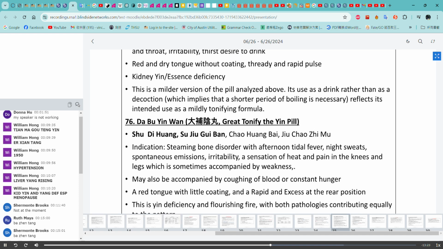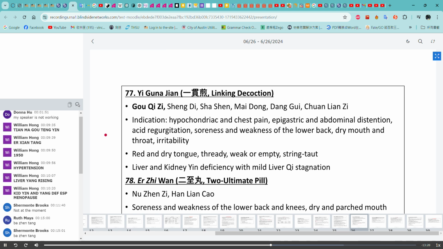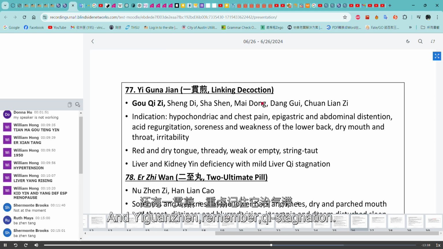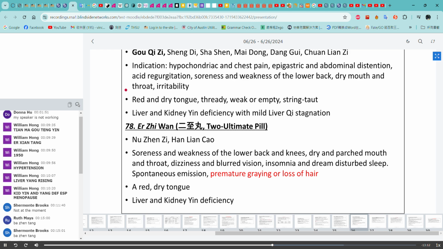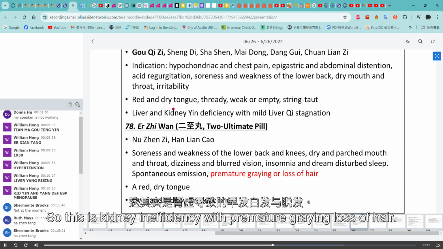Good for that. And Yiguanjian, remember, qi stagnation, so hypochondriac distension, right? And Qi Ju Dihuang Wan, this is kidney insufficiency with premature graying, loss of hair.